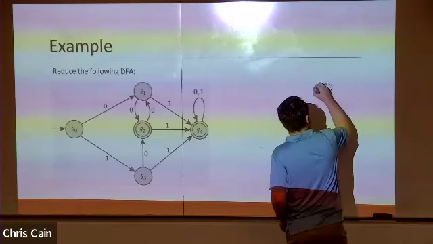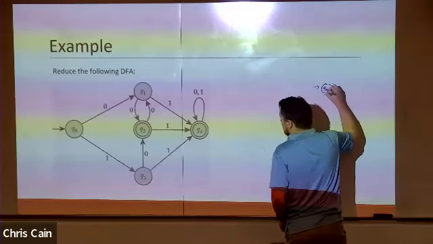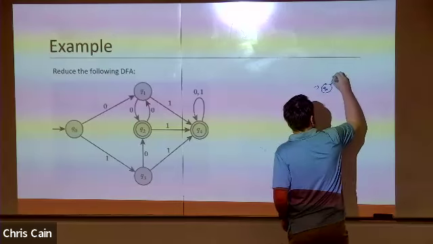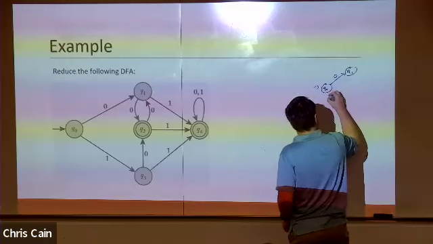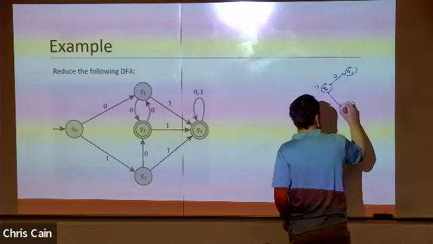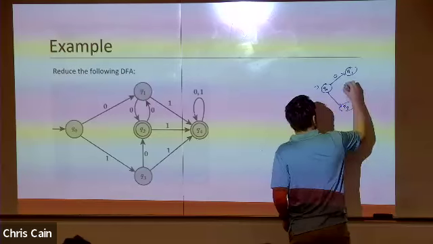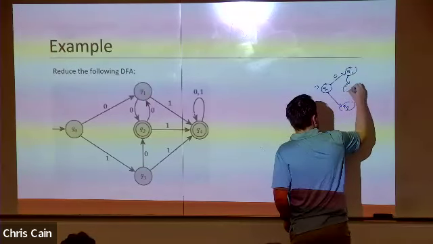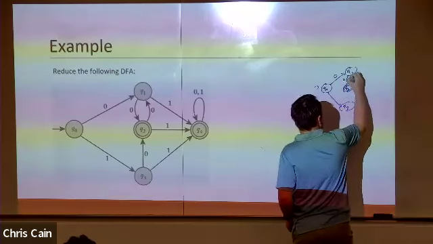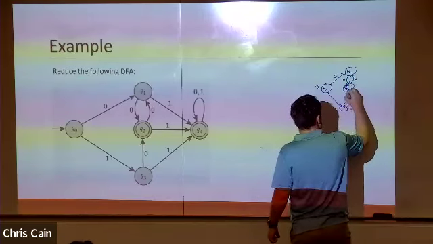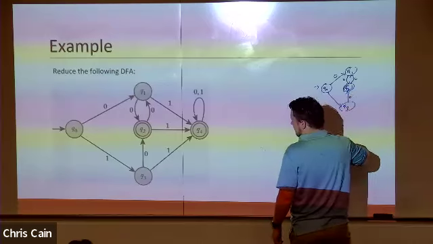So we have a starting state, we have Q0, on a 0 we're moving to Q1. On a 1, we're moving to Q2. We have a 0 leading to a final state, Q3, back here on a 0. Same thing here, we move to this state only on a 0.